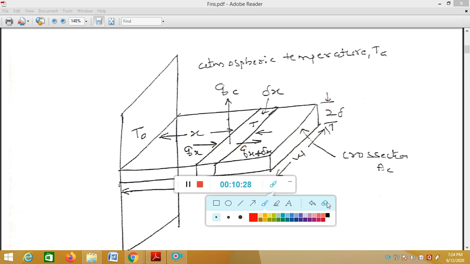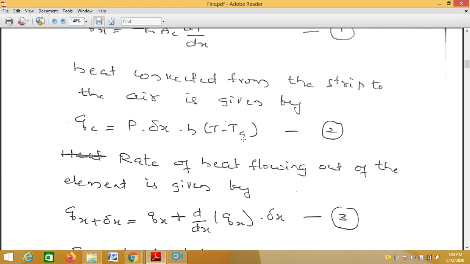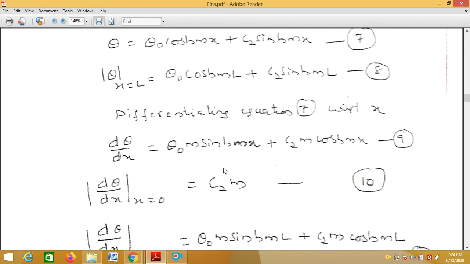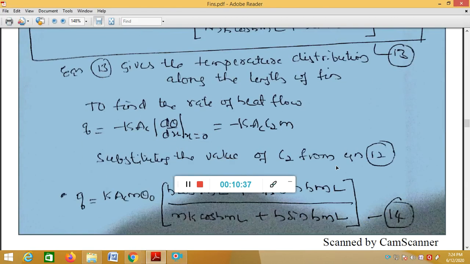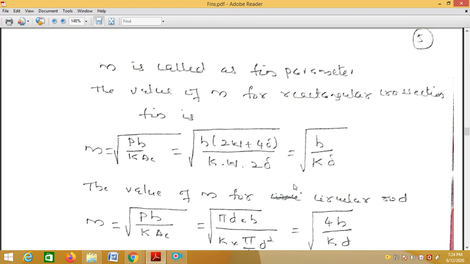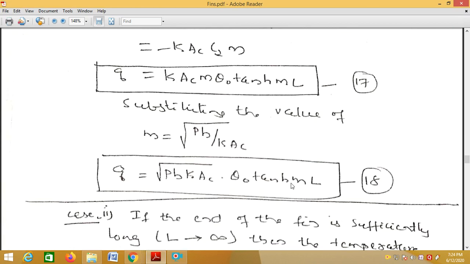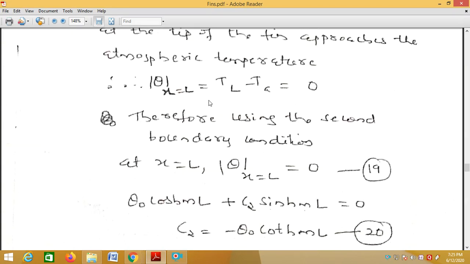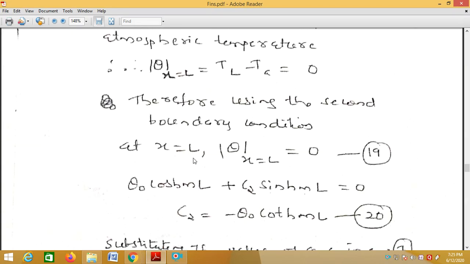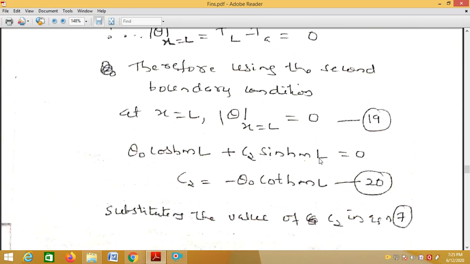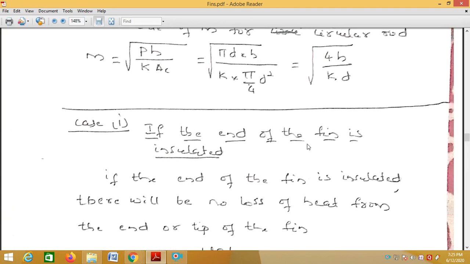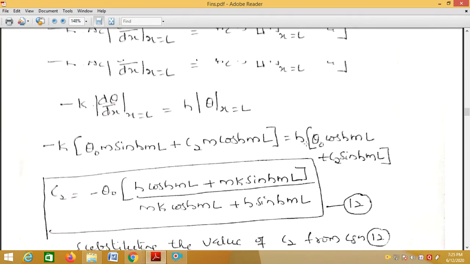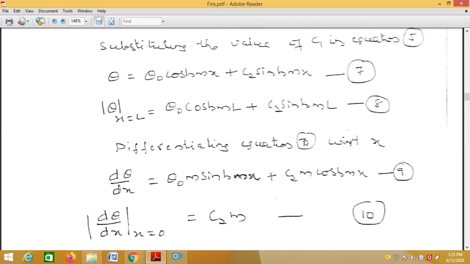Using this second boundary condition, theta at x equal to L equals 0.